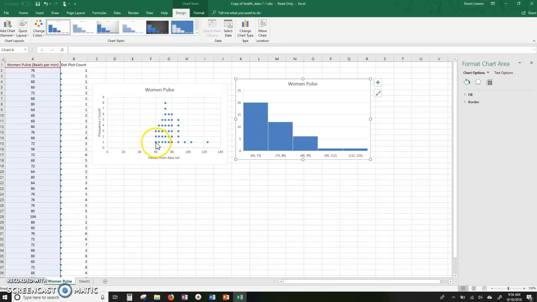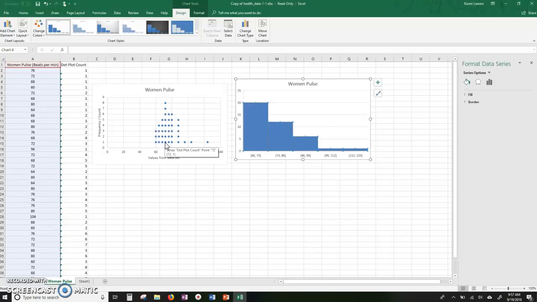But let's look at our 72 again. So we had 8 dots for 72, because 72 came up in our data 8 times. 72 on this graph is inside this bin, but this bin, instead of being just 72, is actually a range. All the dots from 60 to 73. So it's going to include those 8. It won't include the stuff from 76.